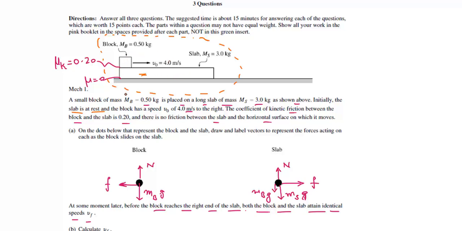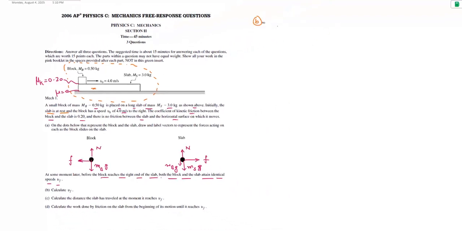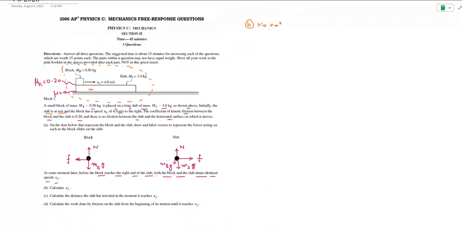So for part B we can say that in this given system no external force is acting. When no external force is acting, this means the momentum of the system will remain conserved.